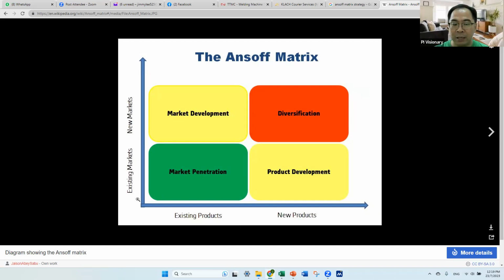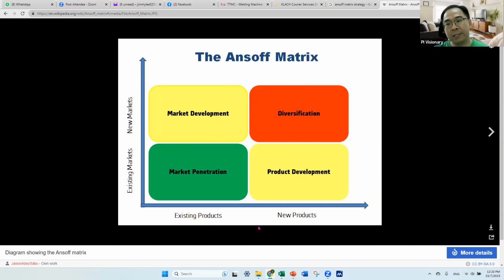Existing product for the existing customer. This is a new customer. So what is the right term to use? Market penetration, market development, product development, and diversification. You can Google to understand more about this matrix. Kuan Yin, when you have time, study more about this. This is very good for most salesmen.